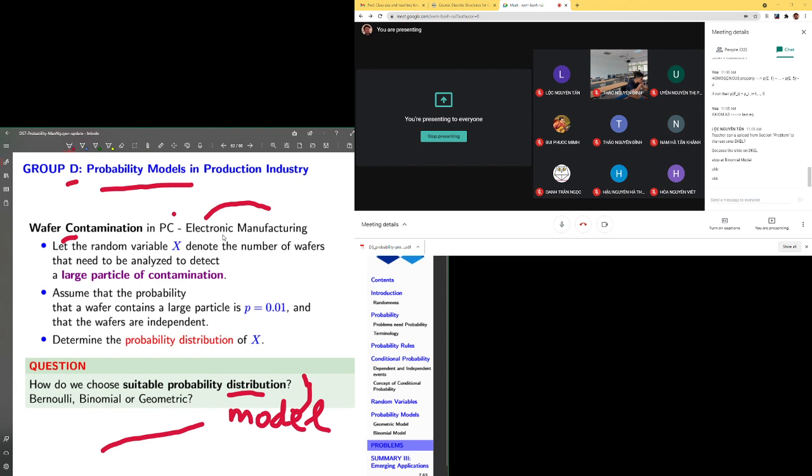Then we look at wafers in which the particle does not appear. So in practice, when you use Y here, it means this one is contaminated, and if not, then the first one is okay, the second one is bad. Otherwise, the first two are okay, the third one is not good, and then 1, 2, 3 are okay, and the 4th not good, something like that.